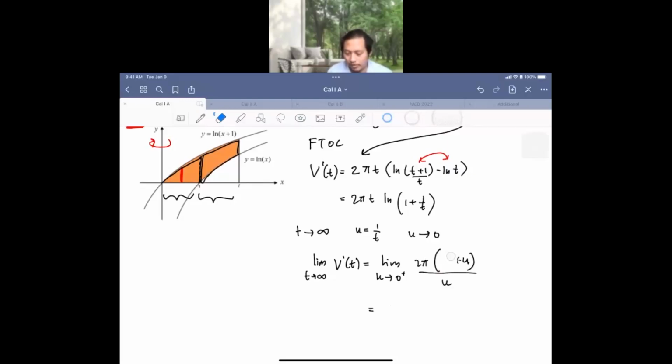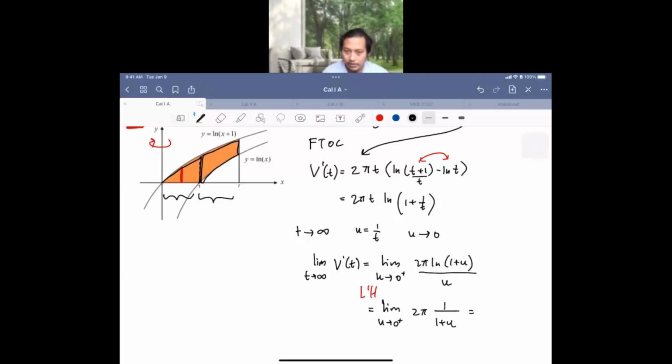ln 1 plus u. Okay. Because if we plugged u in directly, it would be 0 over 0, so we are using L'Hopital's rule. So 2 pi times 1 over 1 plus u.